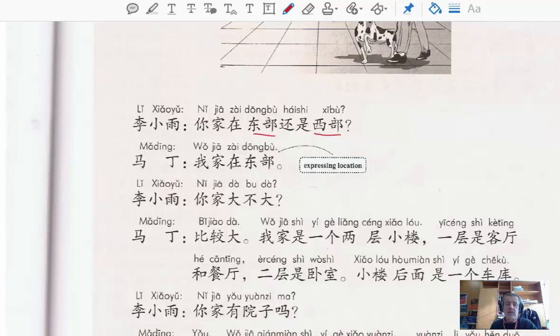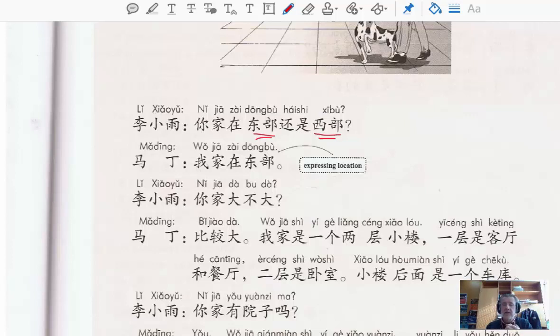But I just need to make the point that these two words, 东部 and 西部, are quite important because they're different from when we're talking about the north and the south of a country. So we mentioned in the lecture today, for example, that 北方 and 南方 mean the north and south of a country, and they also represent not only a geographic but also a cultural, linguistic divide and customs in both places.